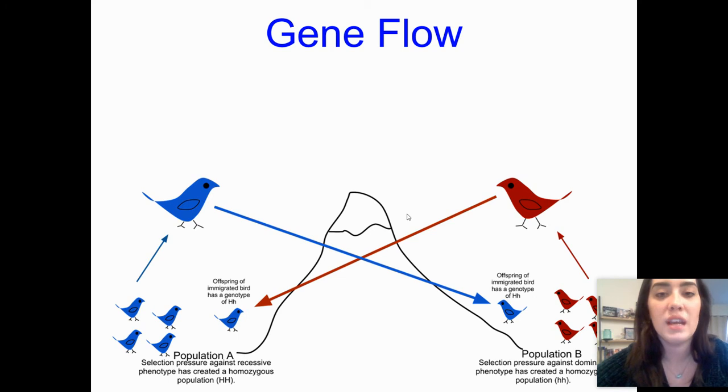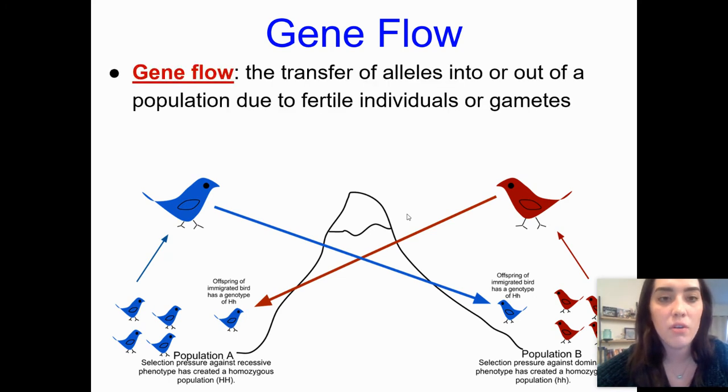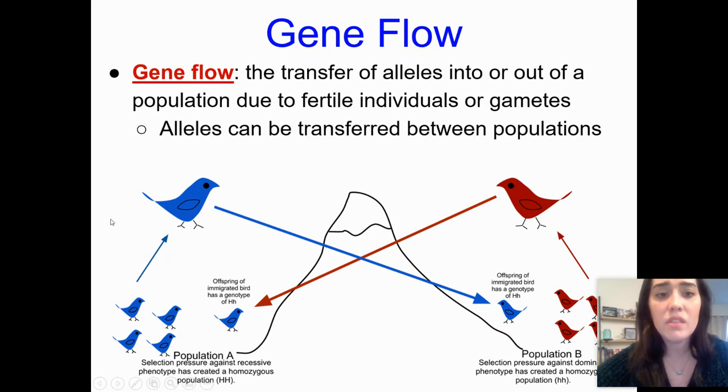Okay, so the next thing that we'll talk about is gene flow. This is the transfer of alleles into or out of a population due to the movement of fertile individuals or gametes. So the alleles will be transferred between populations.